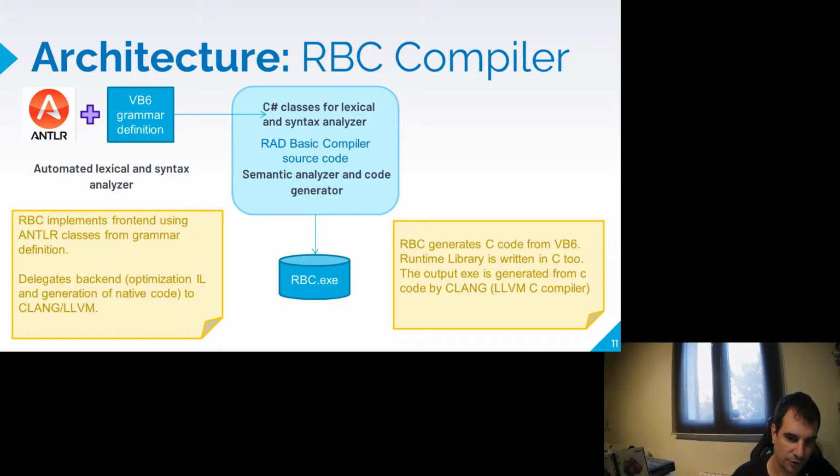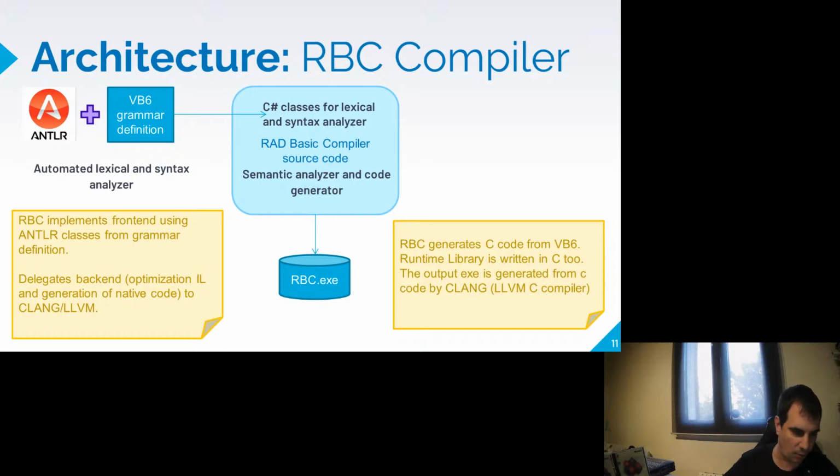About the code generator, RAD Basic generates C code from Visual Basic 6. And the runtime library of RAD Basic is written in C too. In fact, Visual Basic 6 works in approximately the same way.